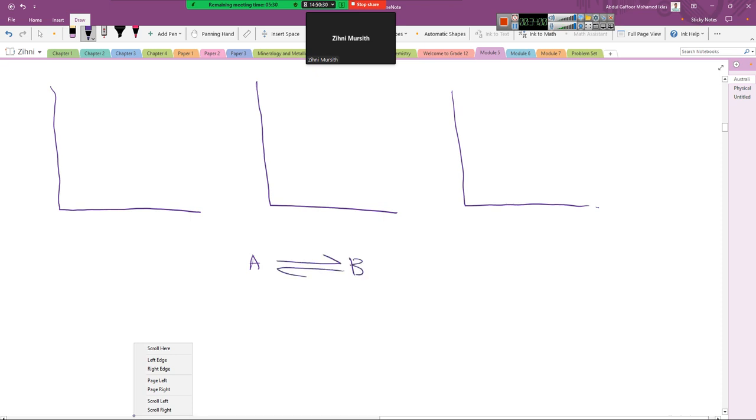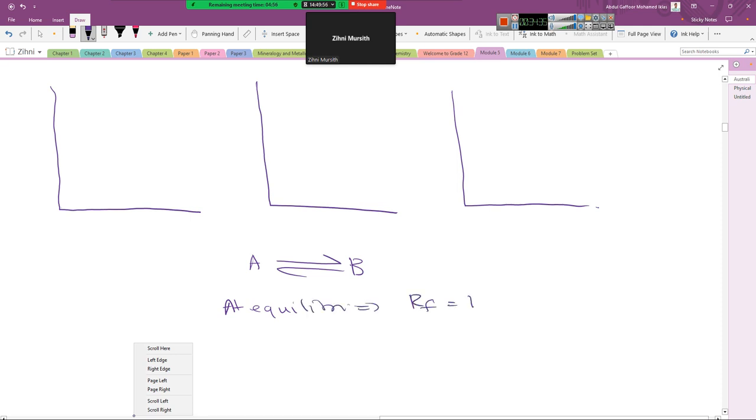So here, after attaining equilibrium, is the concentration of A and concentration of B same? Yes, it may be same, but sometimes it may not be, right?